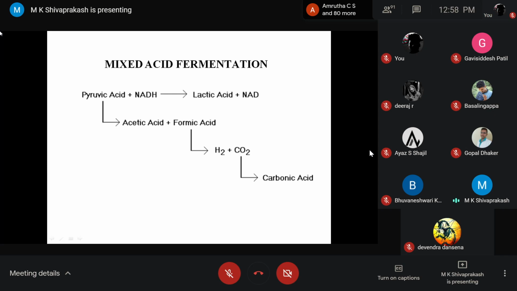And from this pyruvic acid, it may pass through a series of organic acids like acetic acid and formic acid, along with the production of hydrogen and carbon dioxide. And ultimately sometimes this carbon dioxide may also be converted to carbonic acid. And of course, this particular mixed reaction is found in heterolactic fermenters like Bifidobacterium and Leuconostoc.